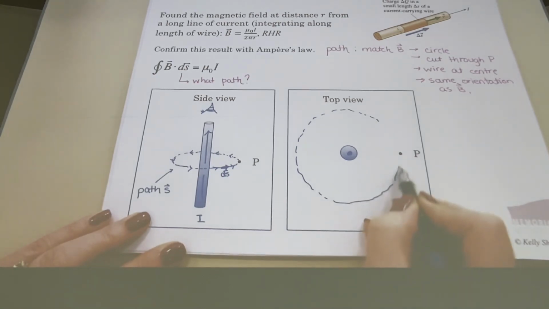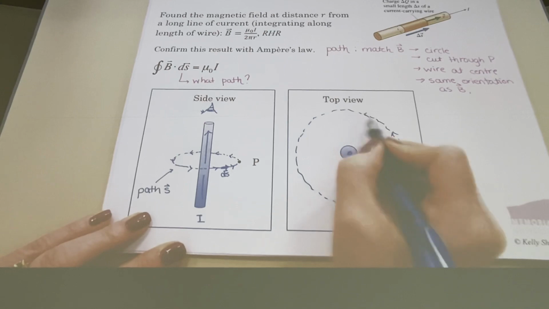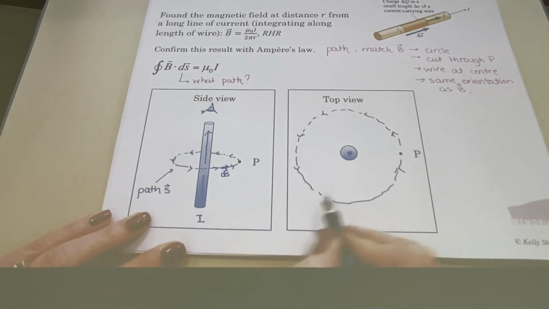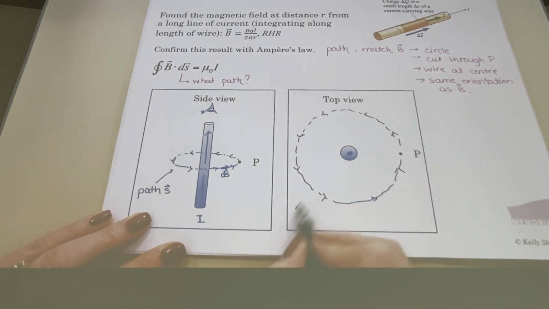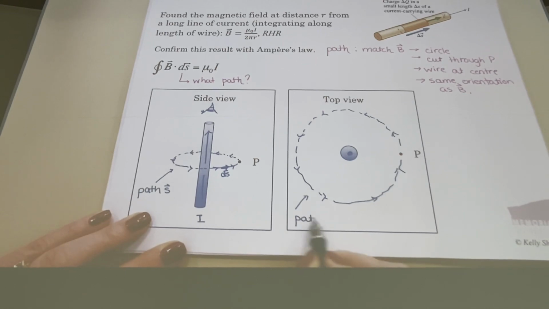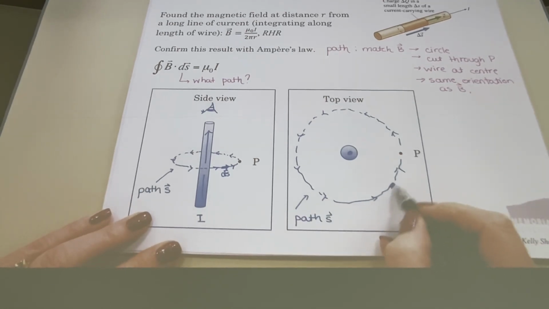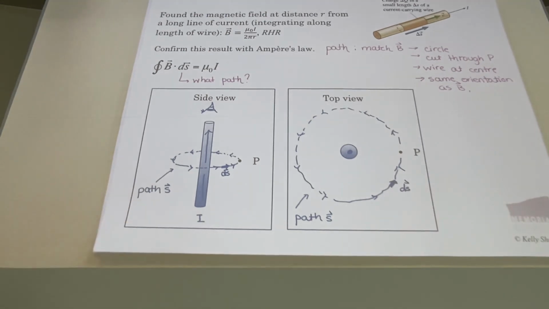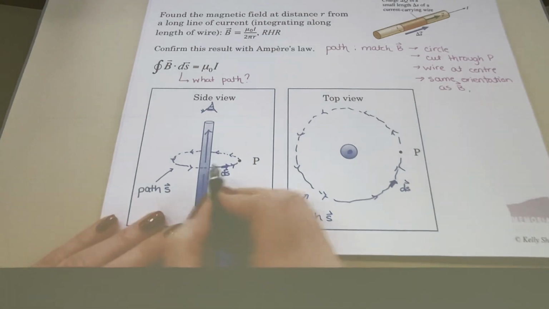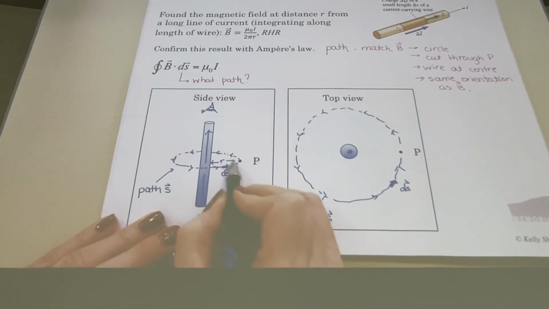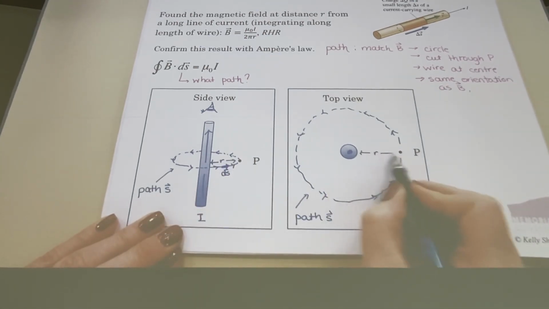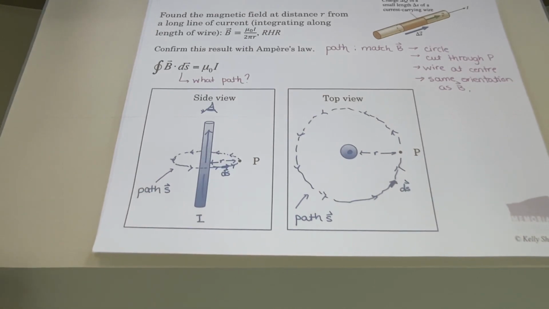The wire has to be at the center, the path has to cut through P, and the orientation has to match the magnetic fields. So this is our path S. We can identify some small element of our path, ds, that has to match the orientation too. And we might throw in that the distance between our wire and our point is r, because that's going to become important. Okay, so there's our picture.